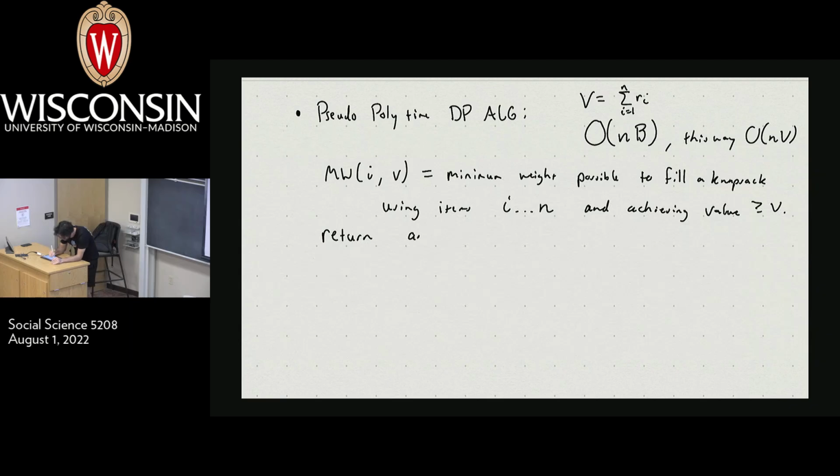We're going to return the max V possible, so we want to find the largest V for which the min weight is still at most B. Specifically, this is going to be a predicate. It's going to be true or false. So we're going to find the maximum V for which this thing is true.